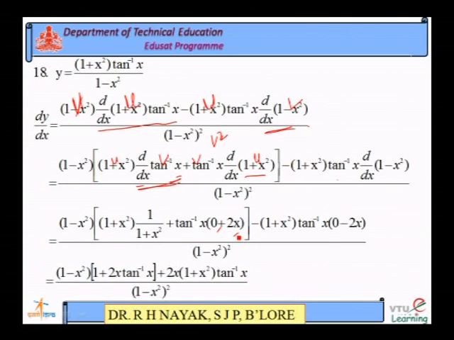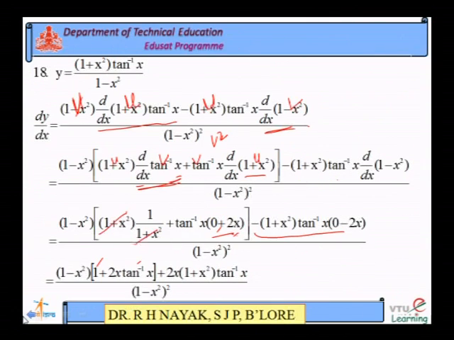Here I can cancel this 1 plus x square with this 1 plus x square, then what remains? 1 minus x square remains as it is, 0 plus 2x is 2x, that 2x into tan inverse x I have written, plus this minus into minus, the minus into minus I have taken as plus, 2x into 1 plus x square into tan inverse x, whole divided by 1 minus x square whole square.